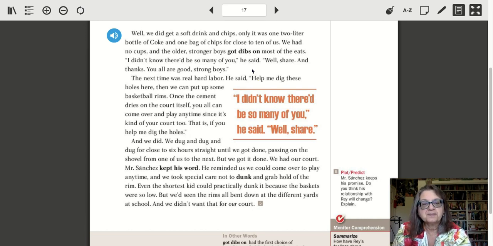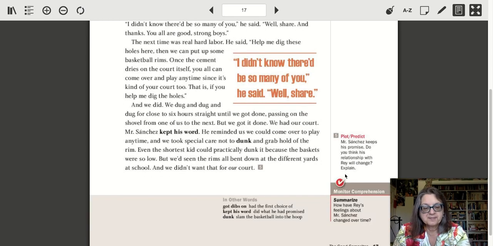So, let's take a look at our plot and predict here. Mr. Sanchez kept this promise. So do you think that his relationship with Ray will change that? And that's the name. Ray's the name of our narrator. He's saying I, telling the story in first person, but his name is Ray. So when it says to explain, give your reason.